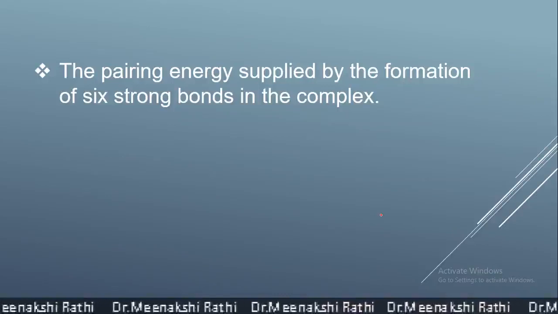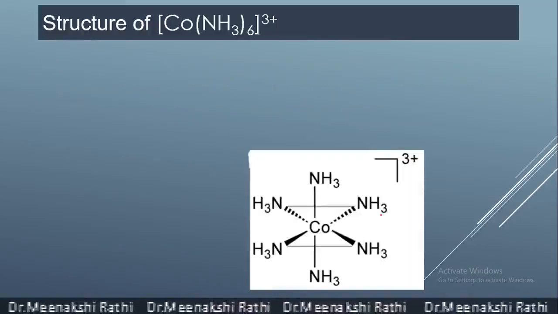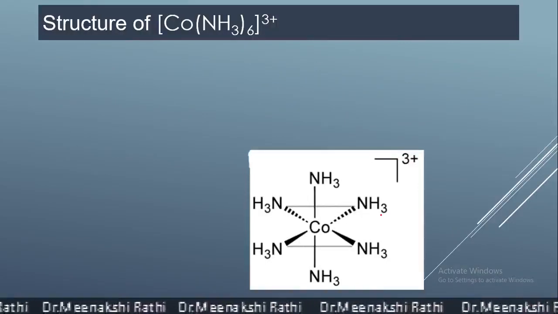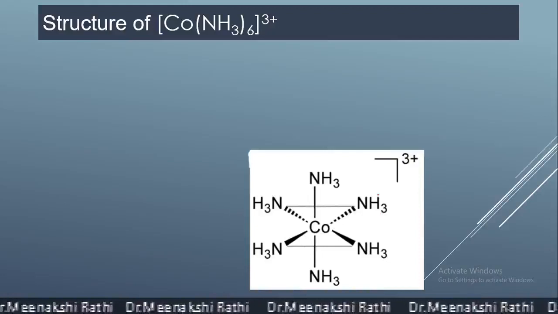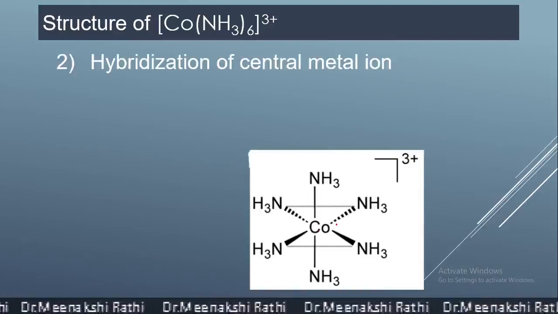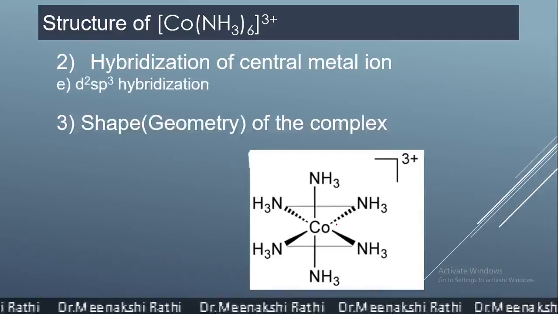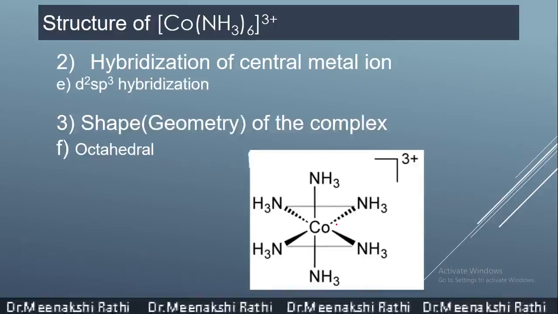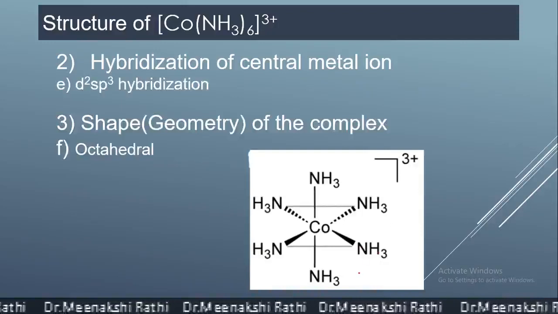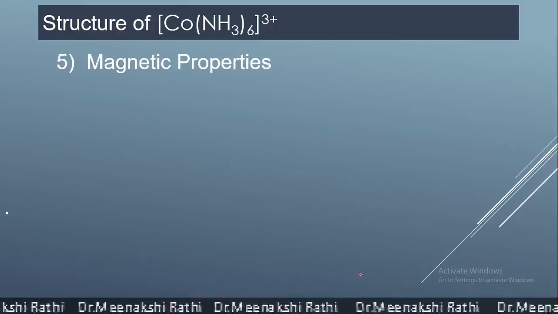The pairing energy is supplied by the formation of 6 strong bonds in the complex, and the structure of hexaamine cobalt is octahedral, which is represented like this. The hybridization of the central metal ion is d2sp3, and the shape of the complex is octahedral, which is represented in this diagram. Now, magnetic property.